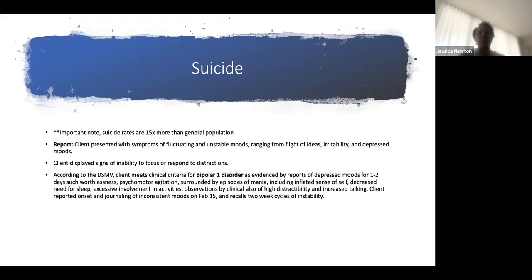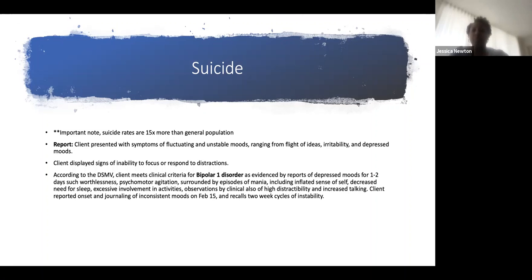According to the DSM-5, client meets the clinical criteria for bipolar 1 disorder as evidenced by reports of depressed moods for 1 to 2 days, with feelings such as worthlessness and psychomotor agitation, surrounded by episodes of mania, including inflated sense of self, decreased need for sleep, excessive involvement in activities, and observations by clinical staff.